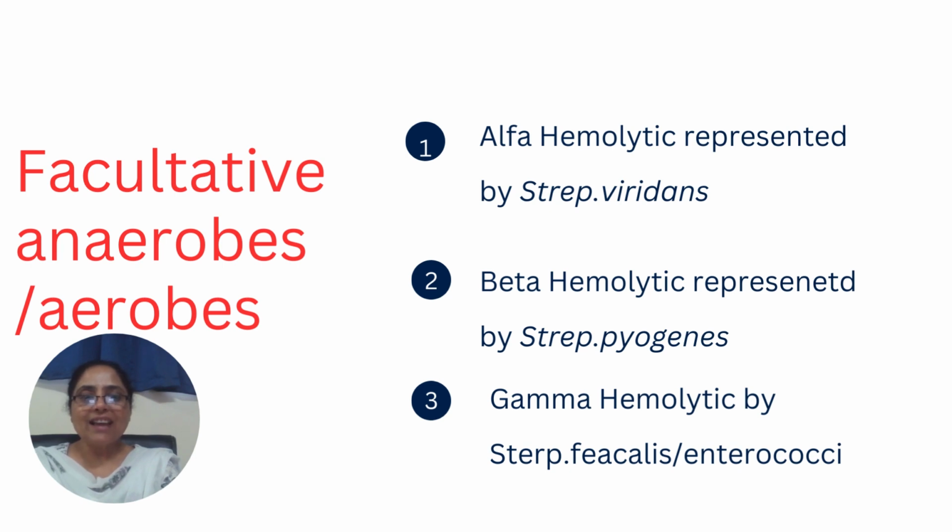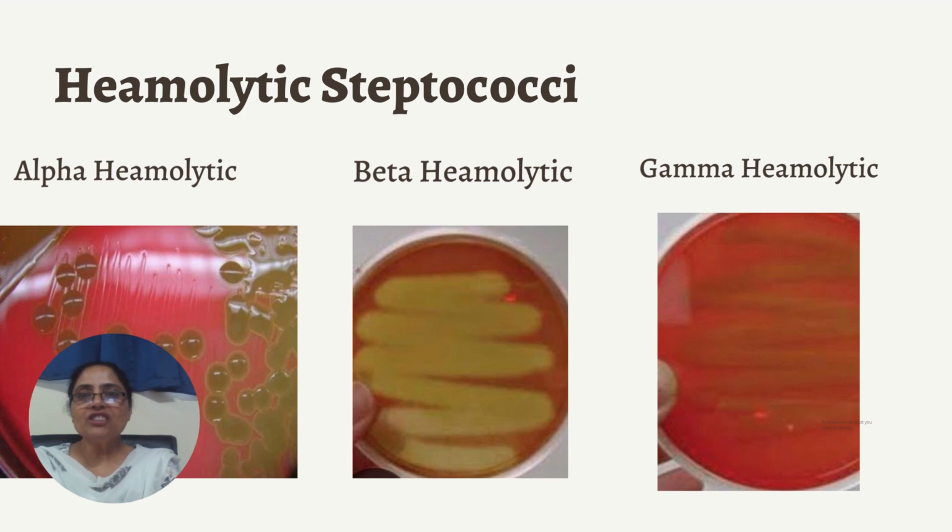Moving on to the next slide, I just wanted you all to see what is alpha hemolysis. See this greenish discoloration, this is not complete hemolysis, it is partial hemolysis. So these RBCs show a greenish discoloration when the colonies are growing. You can see the greenish discoloration. So this is alpha hemolytic, that is Streptococcus viridans.